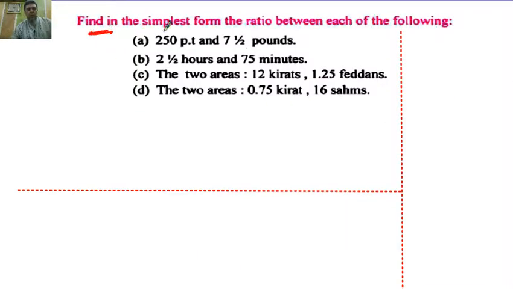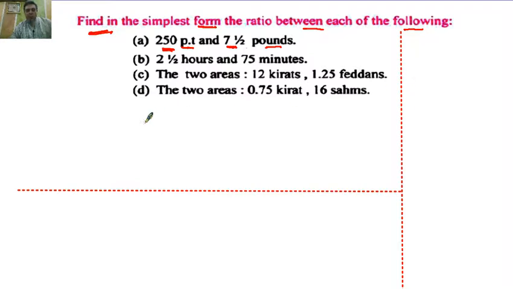Find in the simplest form the ratio between each of the following. A: 250 piasters and 7.5 pounds. We must convert pounds into piasters. To convert from pounds to piasters, 1 pound equals 100 piasters.